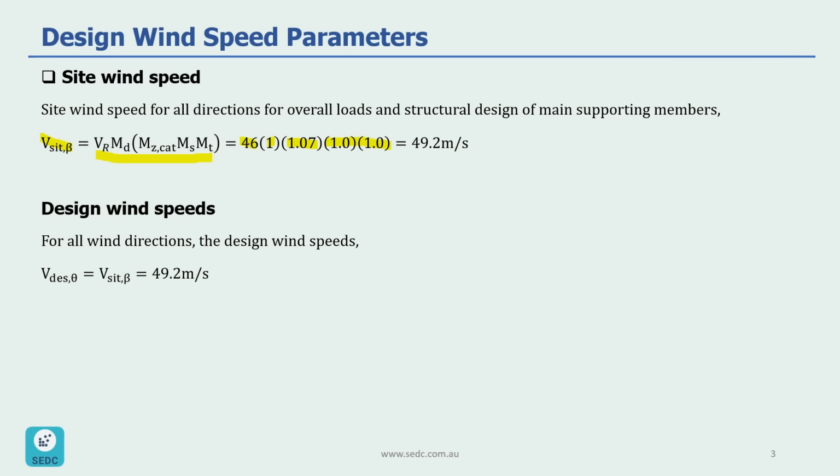So our V_site wind speed is 49.2, and our design wind speed, referring to my previous explanations, is the same as the site wind speed for all directions, which is again 49.2 meters per second.